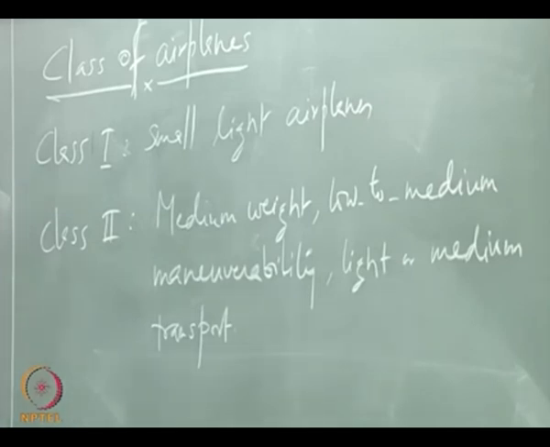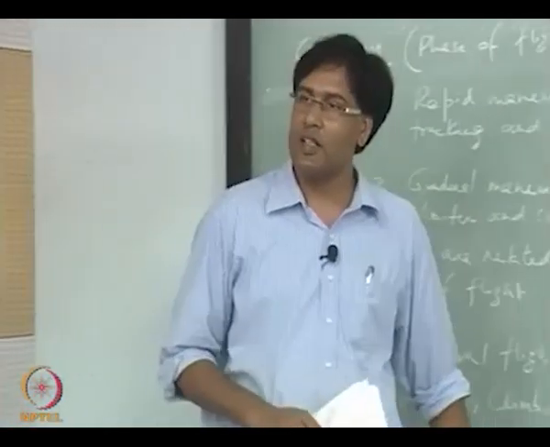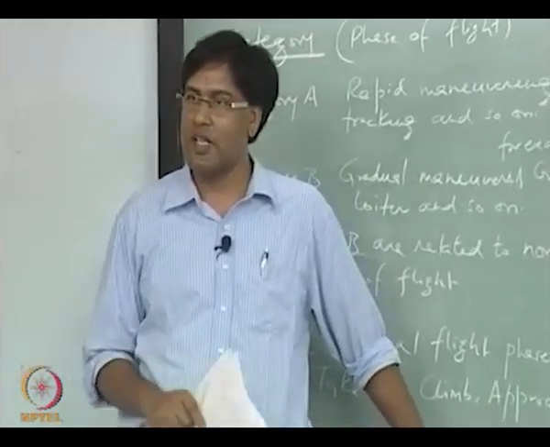You are going to see all kinds of airplanes, all variants. For example, if you are flying across the Atlantic, you are flying in a Boeing 747, right, capacity 400 plus. In India, within the country you are flying in a 100 to 120 seater.